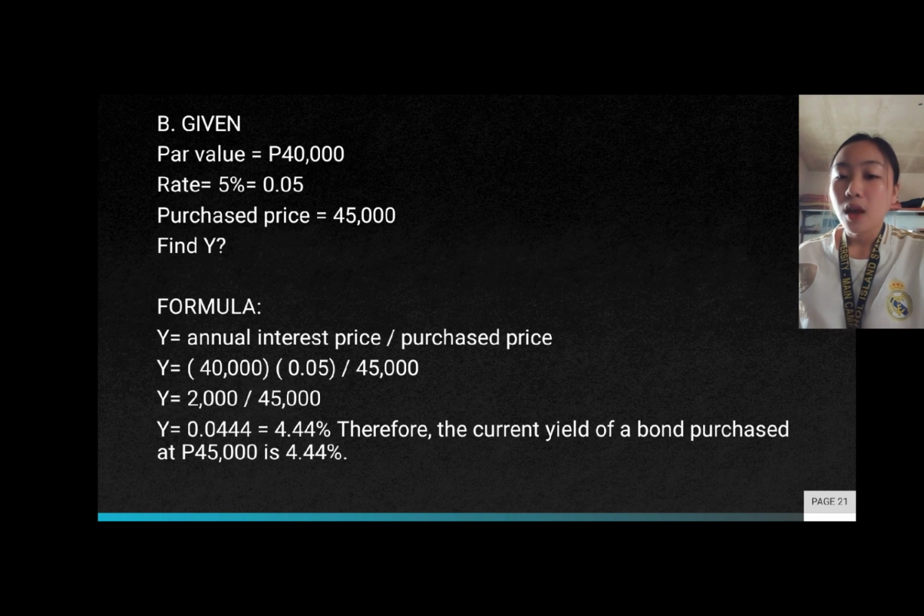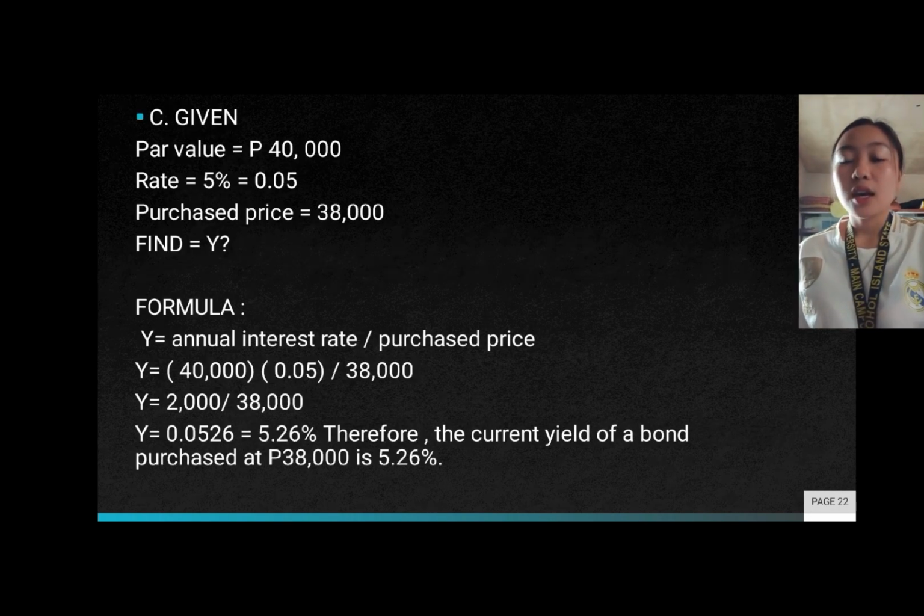Let's substitute all the given. The annual interest is 40,000 pesos times 0.05 over 45,000, and 40,000 times 0.05 is 2,000 over 45,000. Y is equal to 0.044 or 4.44%. Therefore, the current yield of a bond purchased at 45,000 is 4.44%.